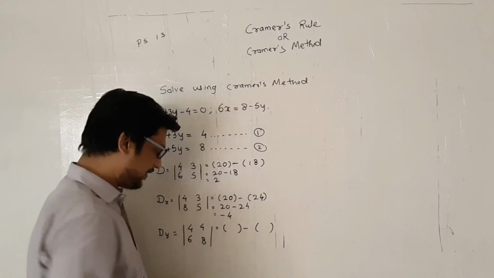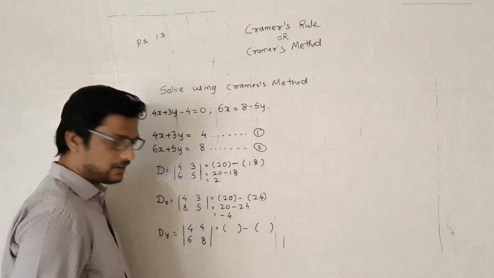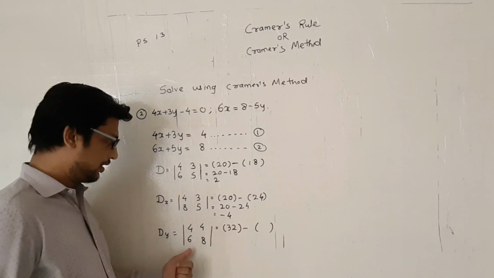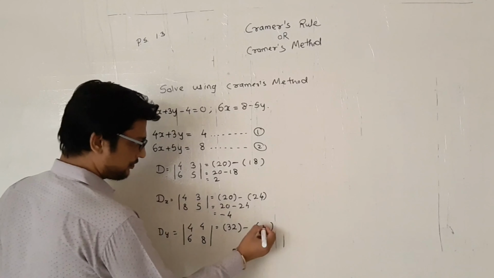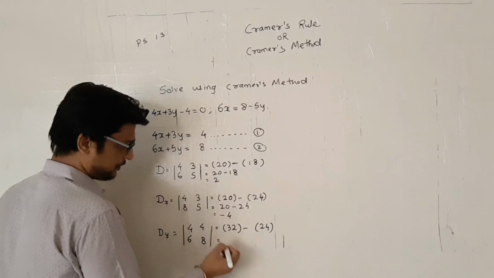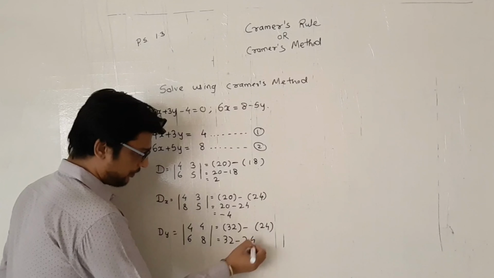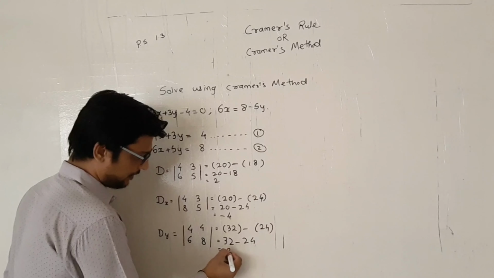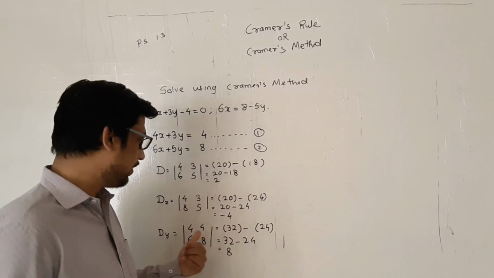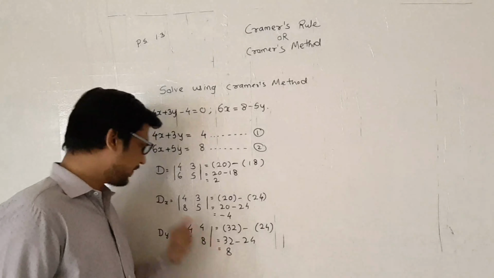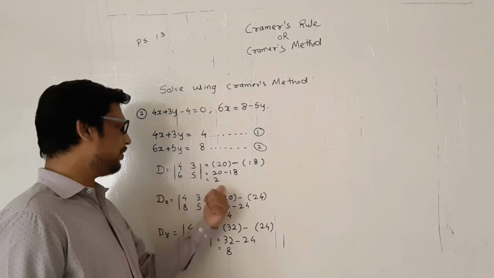Again, to find the value of this determinant, I am using two brackets. So 32 minus 24, nothing but 8. Fine. Now I got the value of Dy, I got the value of Dx, I got the value of D.